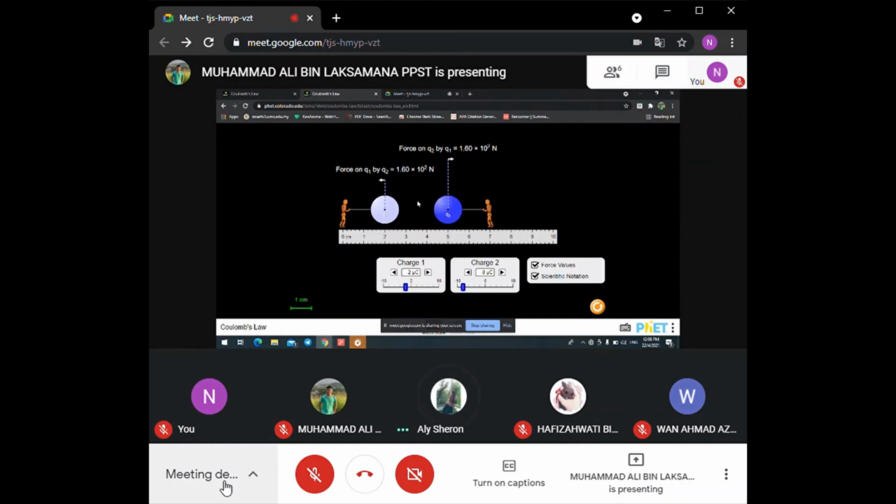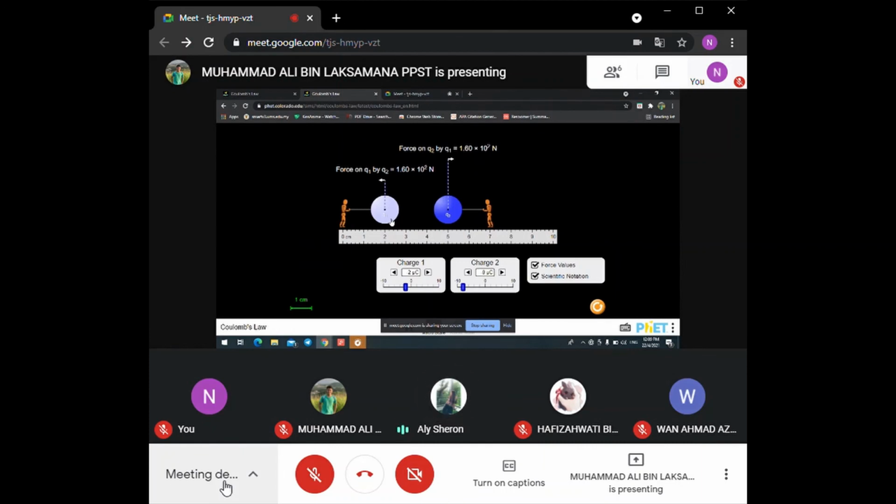The force of charge 1 on charge 2 is 1.60 times 10 exponent 2 Newton, and the same goes for the force of 2 on 1. So the force is still repulsive.